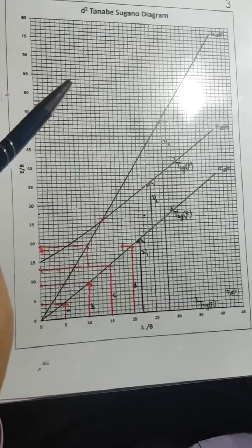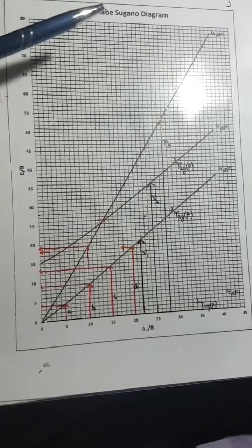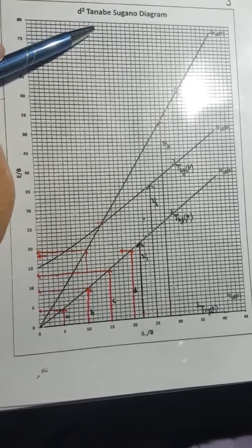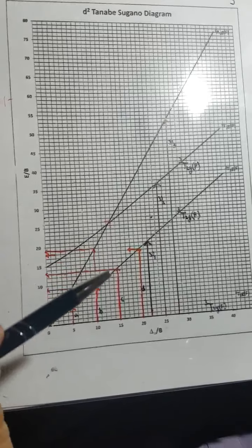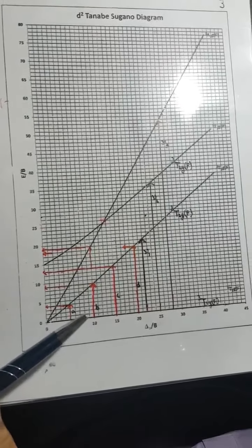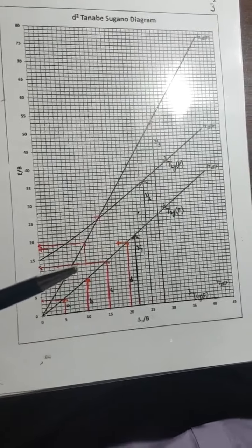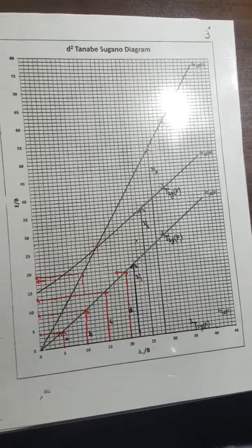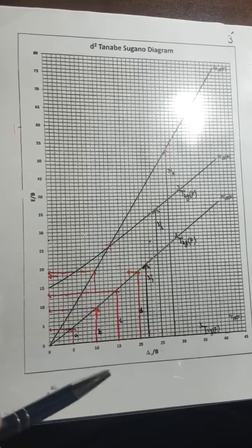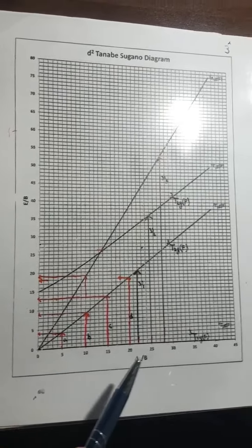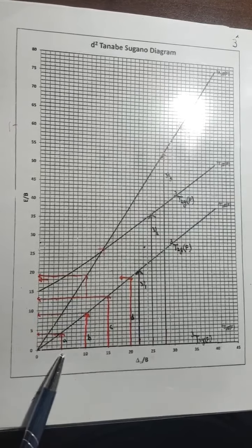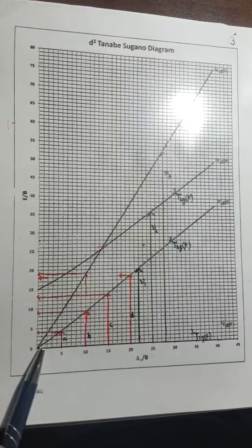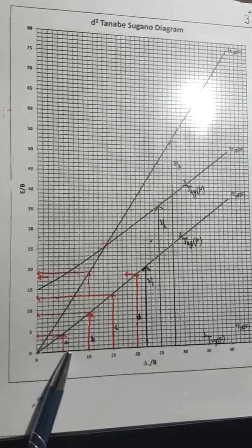Here is a Tanabe Sugano diagram for d2. If you see the books, they are not like this. But one of my students, an MPhil student, has made this small deviant Tanabe Sugano diagram. Instead of just 0, 5, we have divided it in 5 units and so on.